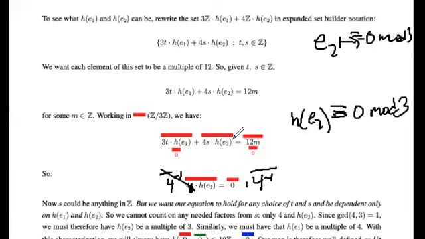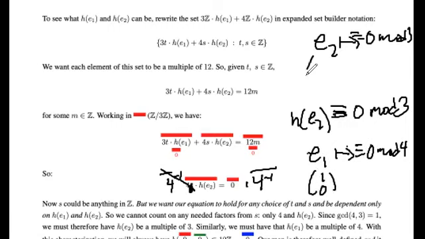Now, similarly, using a similar argument, E1 is sent to something that is congruent to 0 mod 4. Now think about this. E1, think of it as 1, 0. Think of E2 as 0, 1. Remember the first component was mod 3, and the second component was mod 4.